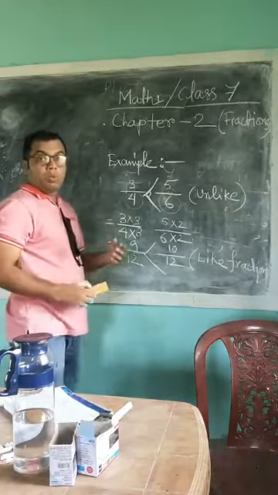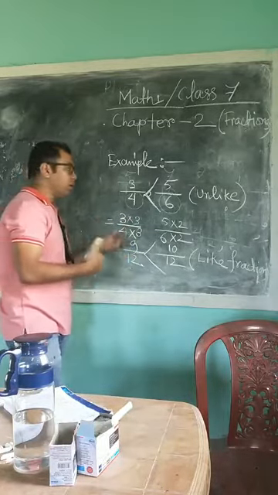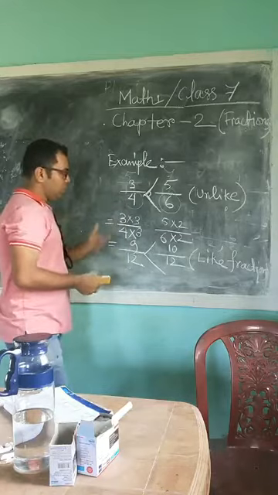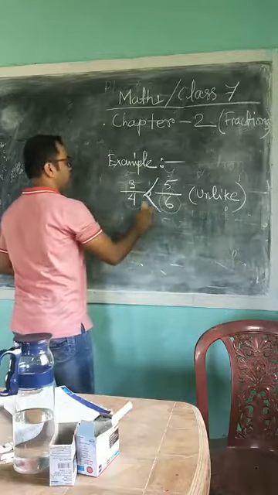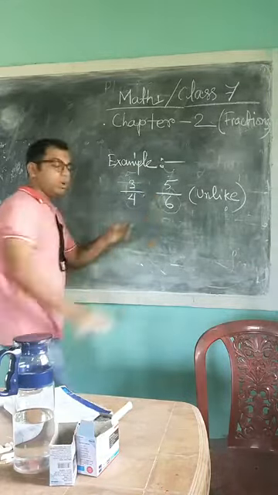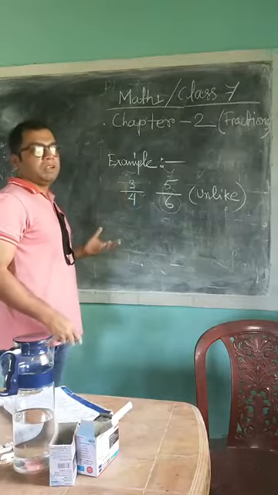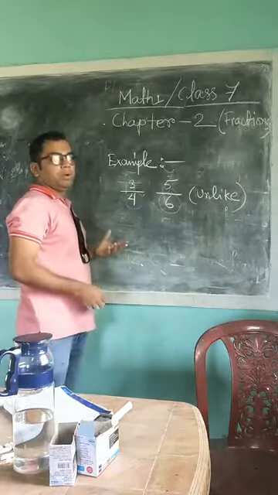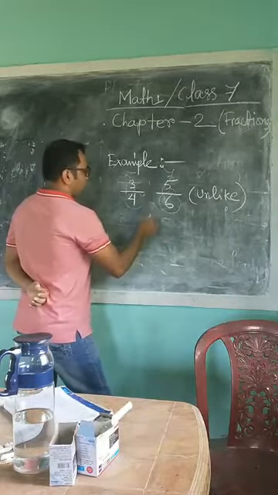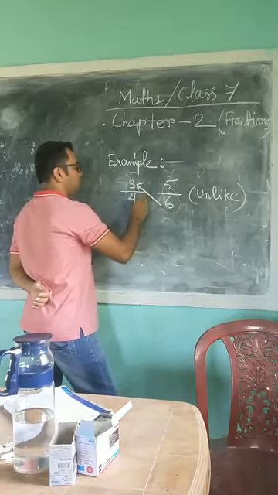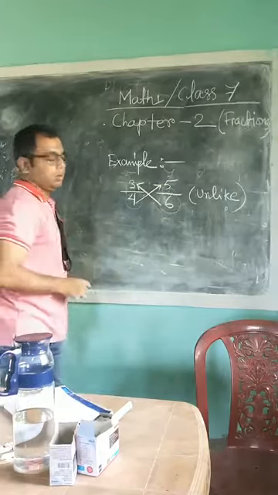We have some other easy ways to find out which is the greater fraction. Let us take this example again. As we know, this is greater than this. Let us find another easy system. For this you have to do cross multiplication.